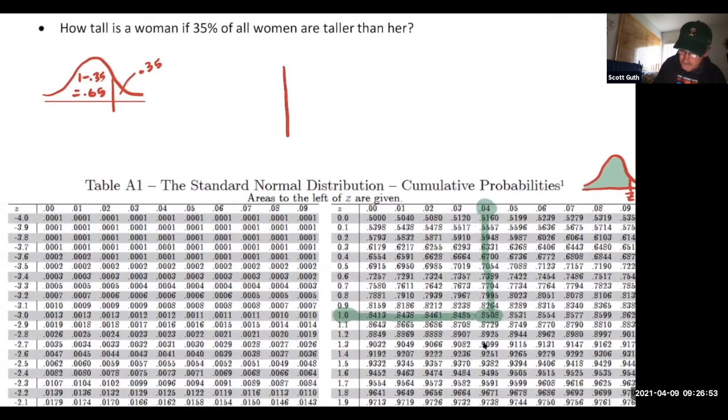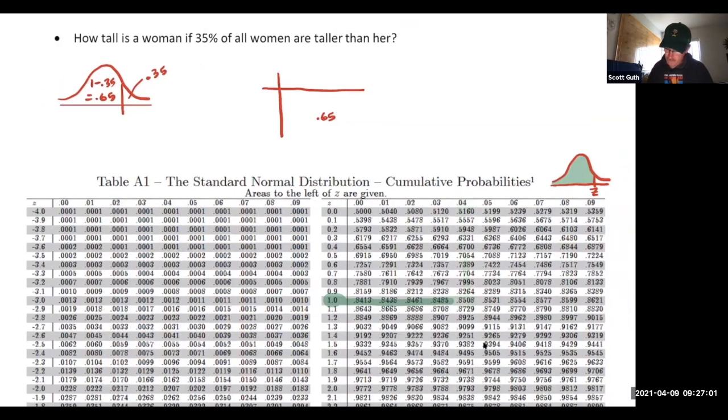So second step, something approximately 0.65. Well, anybody see it? Tell me what the closest number to 0.65 is.